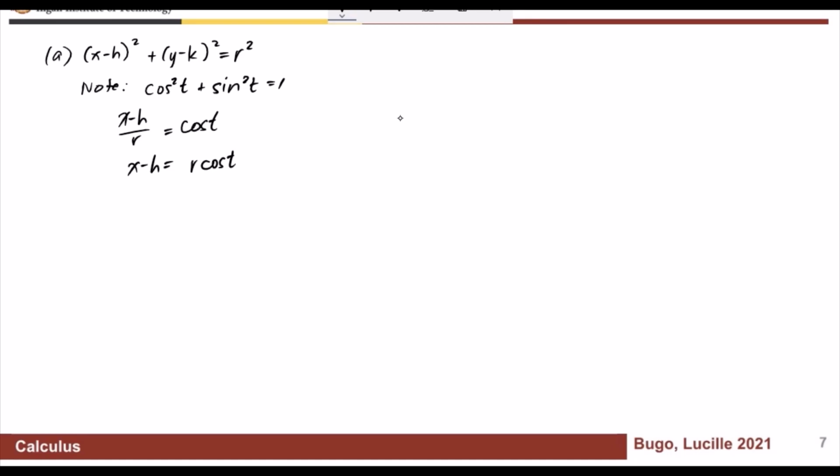If we have this, then we'll have (x minus h) squared, or r squared cosine squared t, plus y minus k over r will also be our sine t. So we'll have y minus k is equal to r sine t, so that we'll have r squared sine squared t equal to r squared.